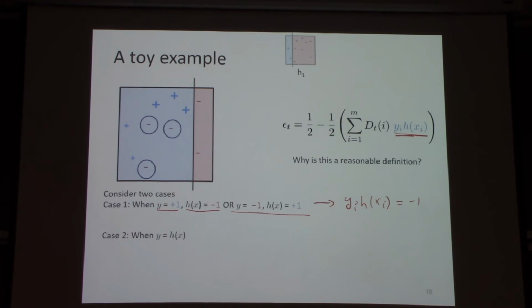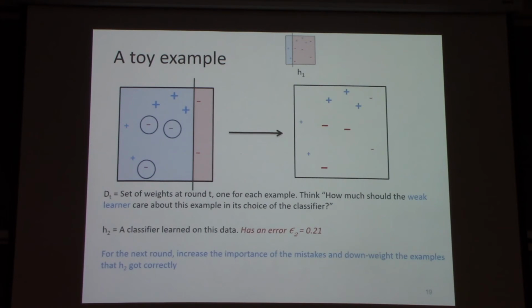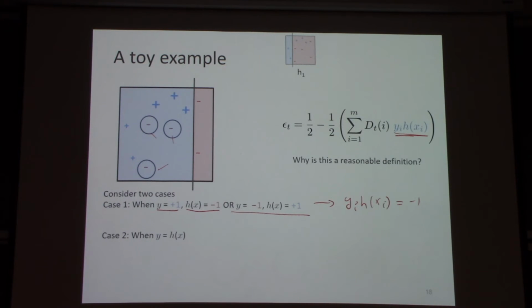So for the circled examples here, for these 3, yi times h of xi is -1. For all the others, the ones that I'm putting boxes on, where the classifier is correct, yi times h of xi is +1.